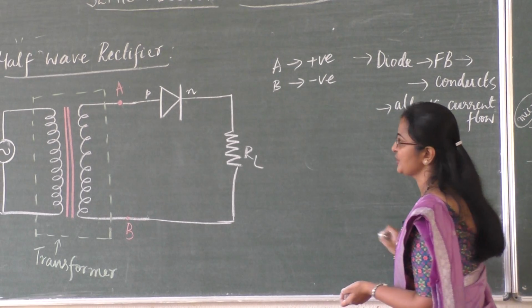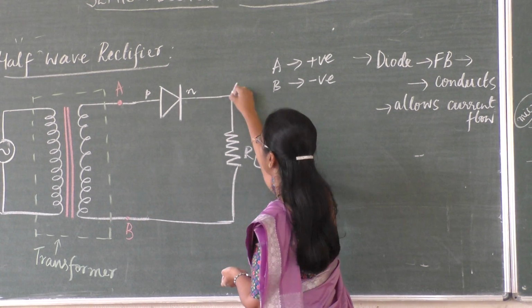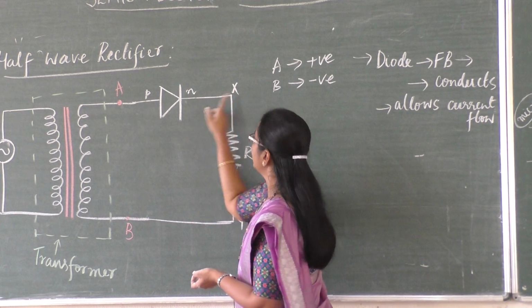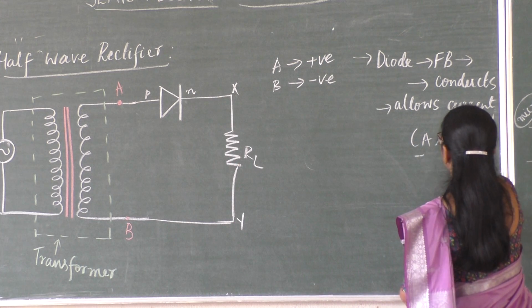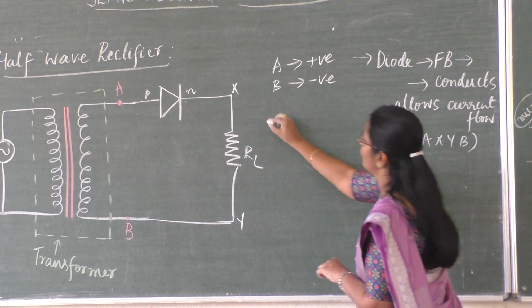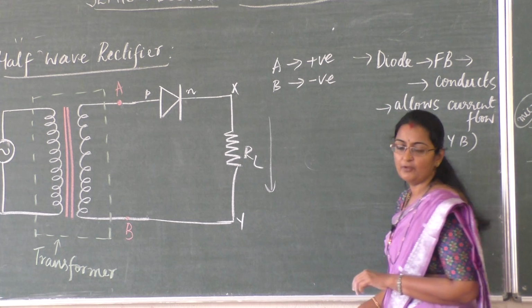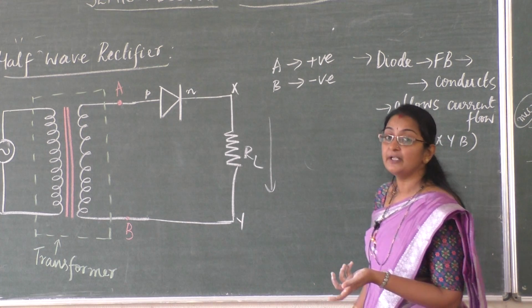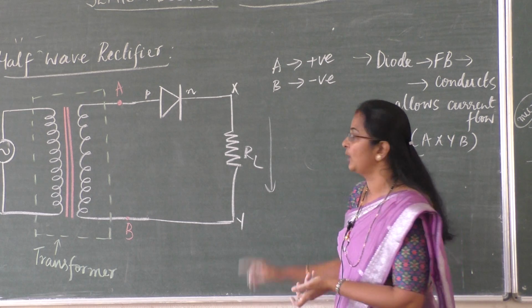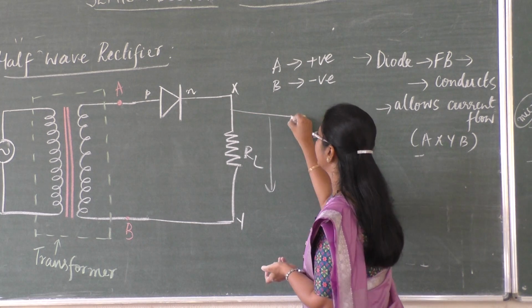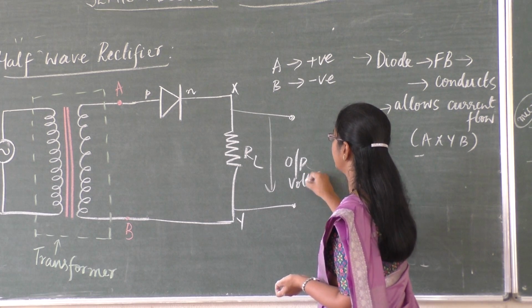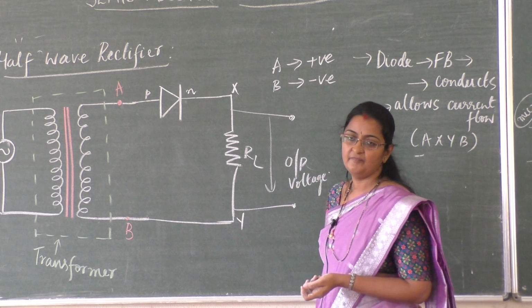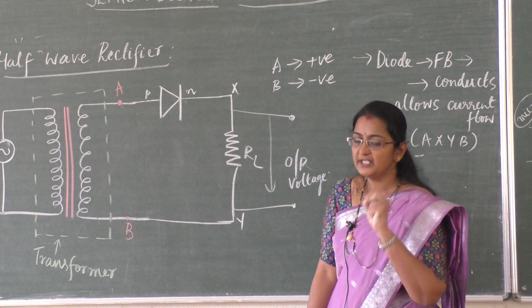In which direction? Let me mark these as X, Y, A, and X, Y, B. So current flows from X to Y. And when current flows, according to Ohm's law, we have V equal to I into R. From that I into R, we get the output voltage here, and that output voltage we will measure.